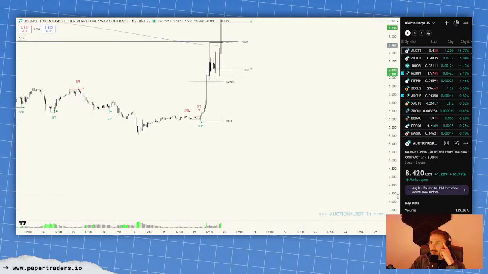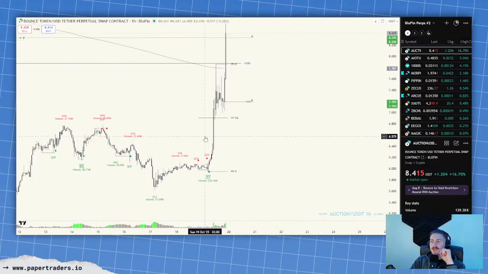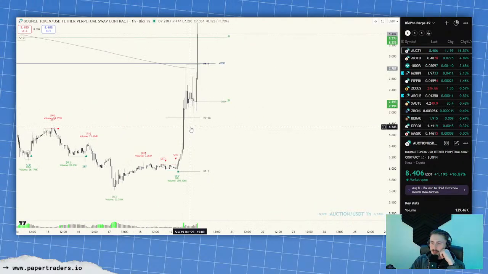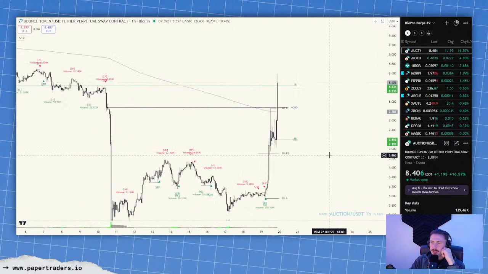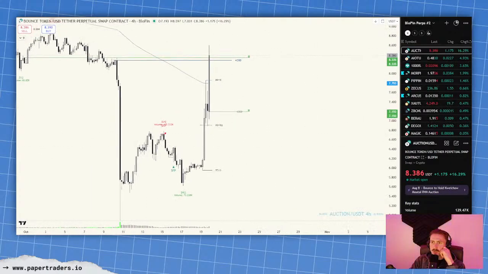There you go. That's the SFP I was looking for. If you're staring at this on the hourly and you're awake at 5 a.m. Eastern time on a Sunday morning, sure, it would have been a nice trade, but is that realistic for you to do?